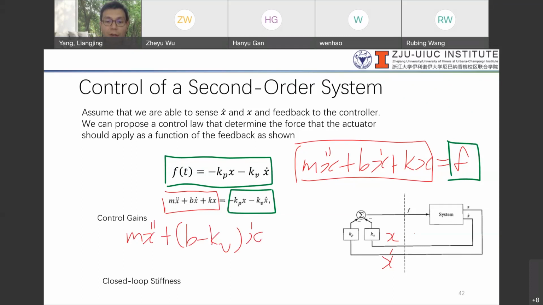We arrange all our x dot terms and x terms together. And so this is plus k minus Kp, right? So that is what we can expect.